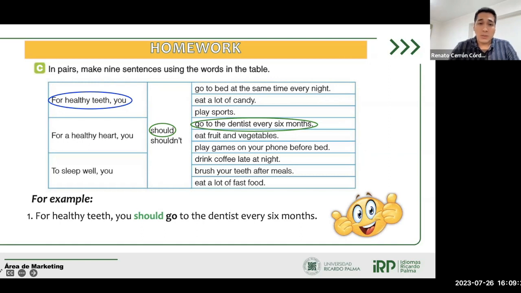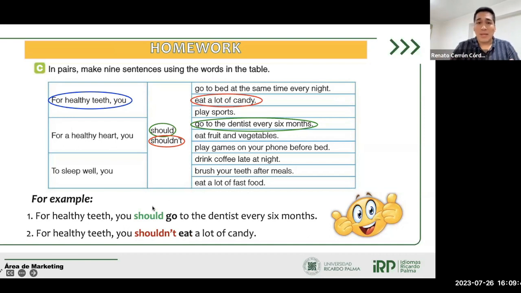Or if you want to use the other option, in this case, the negative form, we can also use it as long as we use, guys, a coherent idea. So what do we say? For example, for healthy teeth, you shouldn't eat a lot of candy. Okay, and that will be, guys, your assignment.